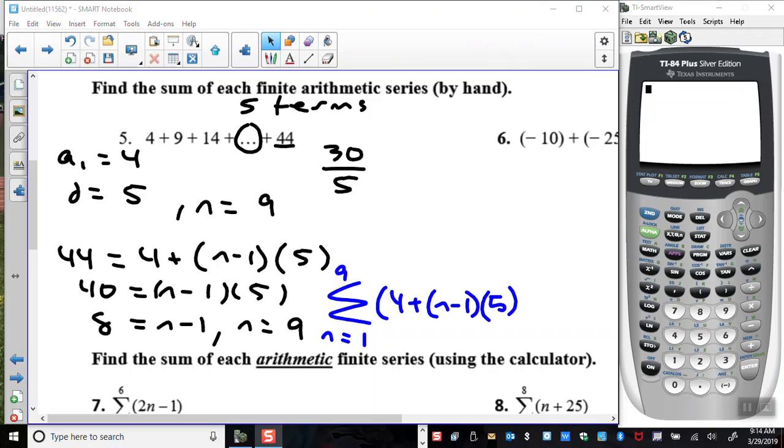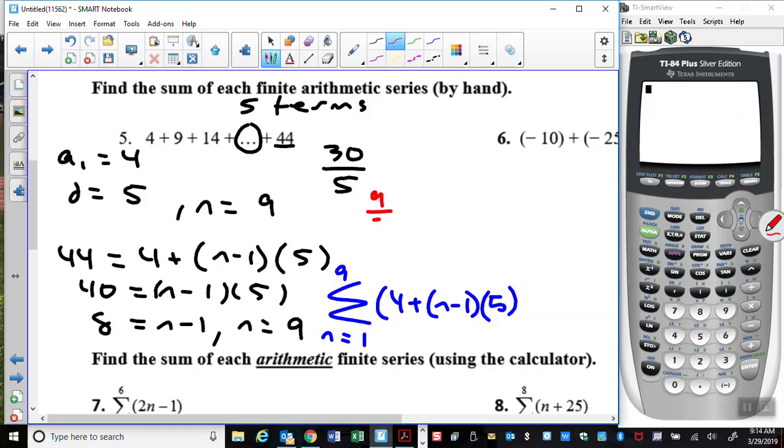All right, so that's our rule. Just to review that, we need to find the sum now. Which formula can we use? We have all of these. The simplest one would probably be the middle one from the front. So that's n over 2, so that's 9 over 2 times a1, which is 4, plus a n, which is 44.